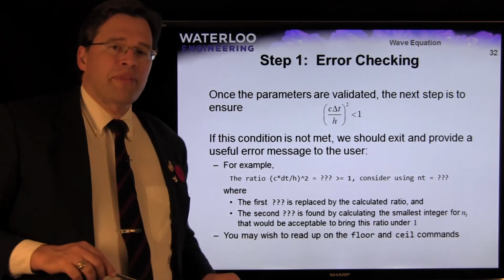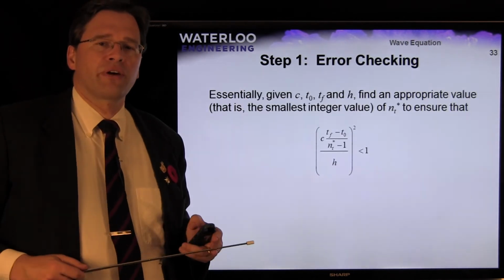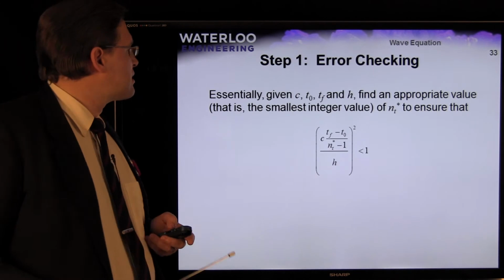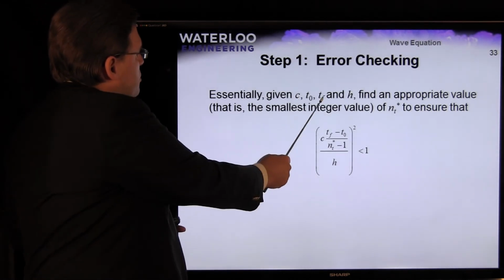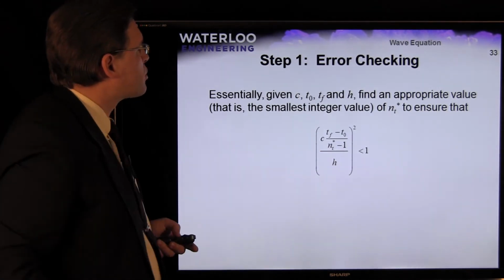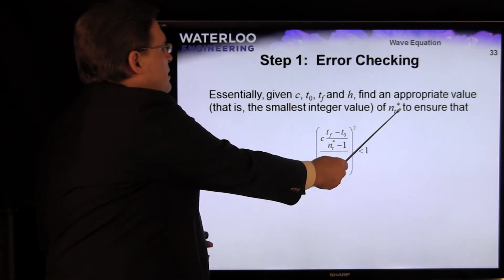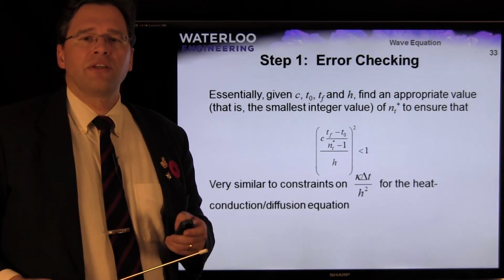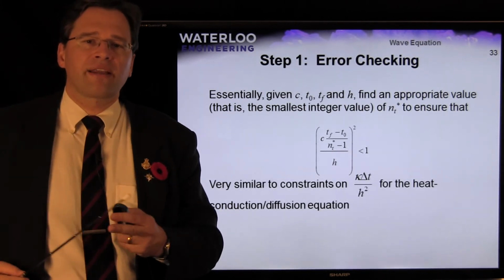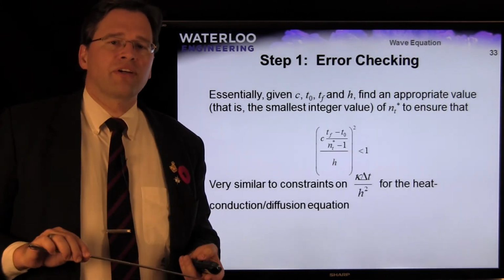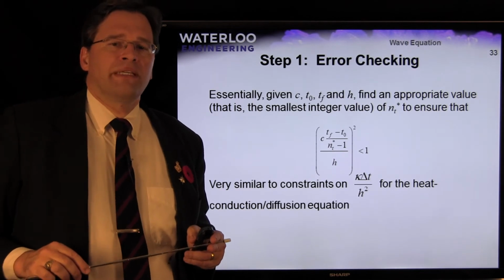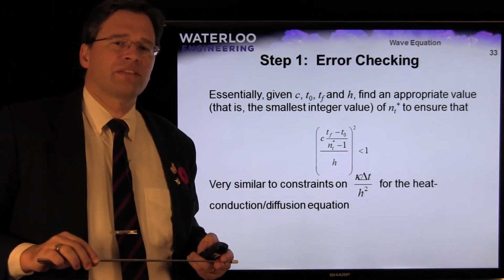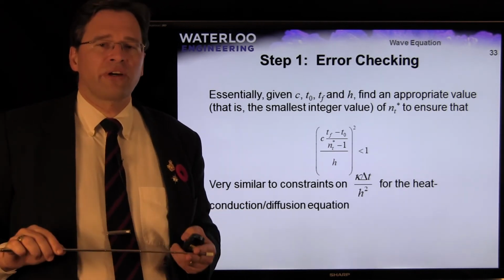You may want to read up on the floor and the ceiling functions again before you look at this. However, essentially what we're saying is we have these values and we want to find an appropriate value of n sub t star such that that ratio is less than 1. You can solve for that using the appropriate functions, and this is going to be very similar to the constraints on kappa delta t all over h squared.